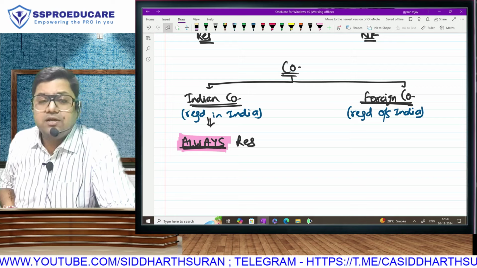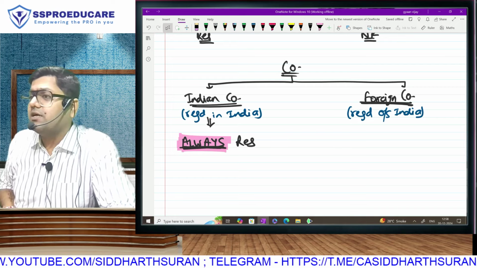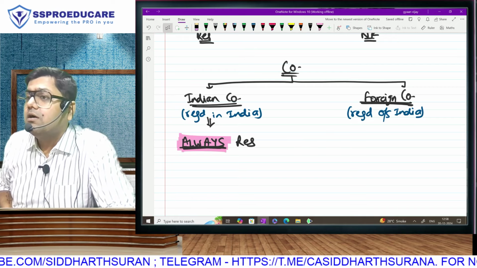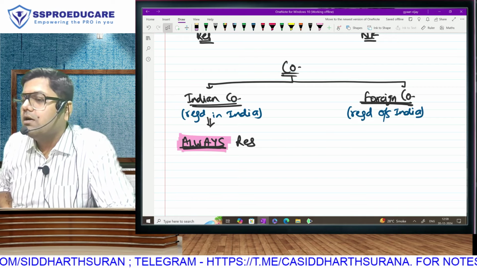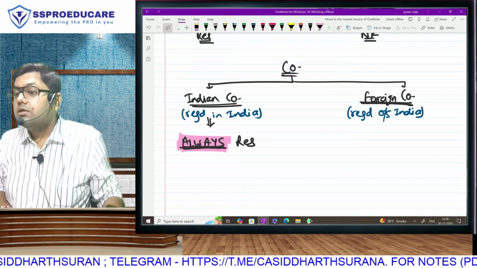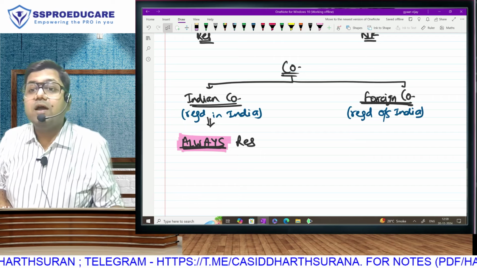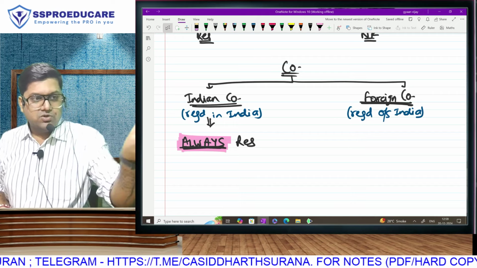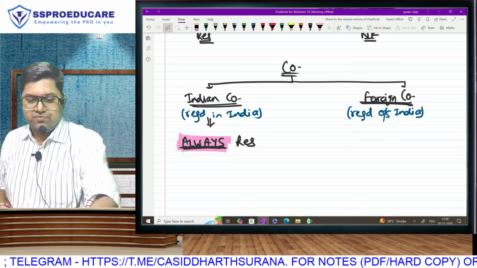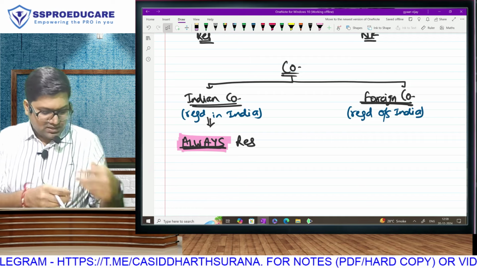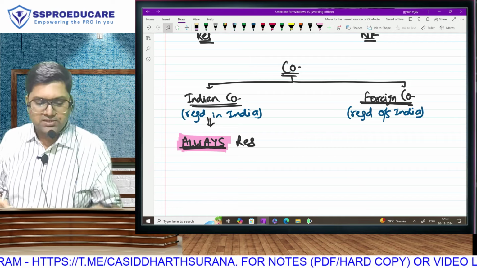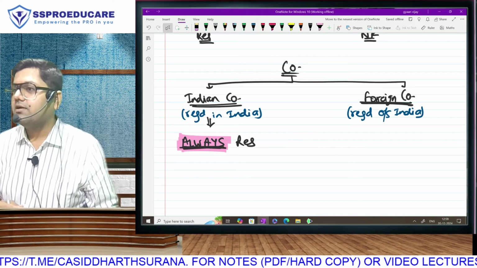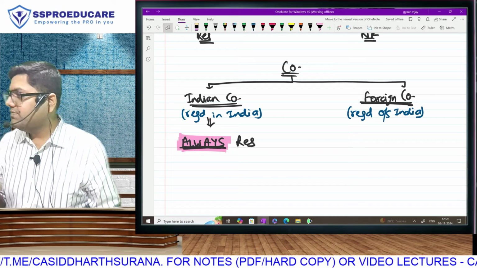All decisions are taken in London, not a single decision in India, and therefore Reliance Industries Limited will still be resident. Why? Because once the company is registered in India, to hell with your place of decision making. Once a company is registered in India, it is going to be considered as resident. Is that clear to everyone?